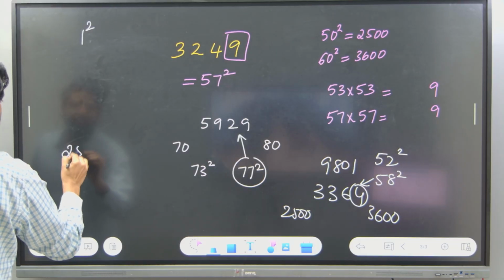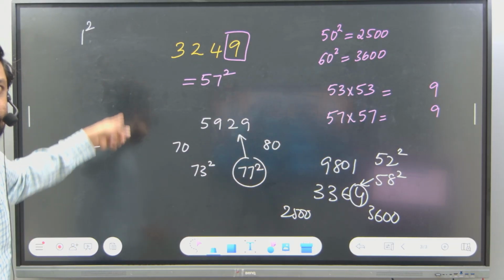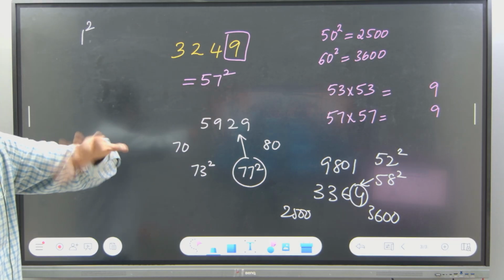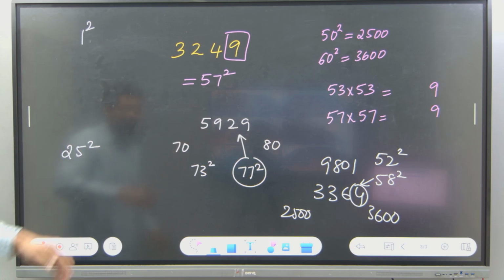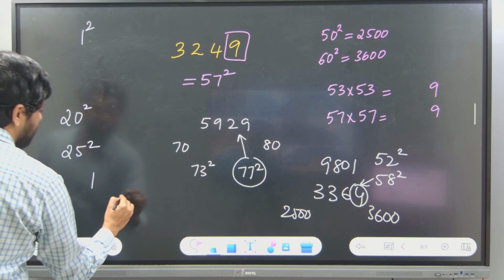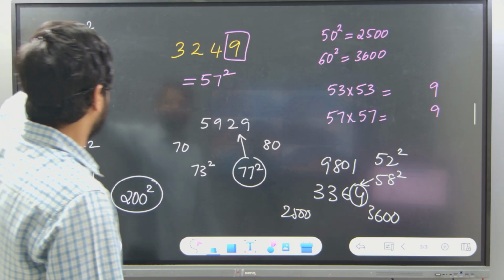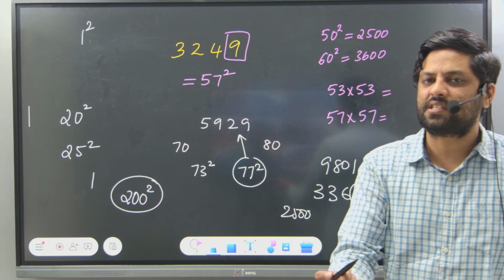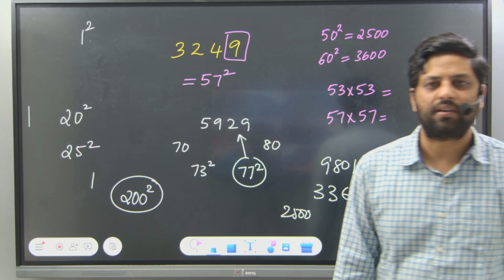If you know the answers from 1 square to 20 square, then if you give me any perfect square until 200 square, we can give the answer.